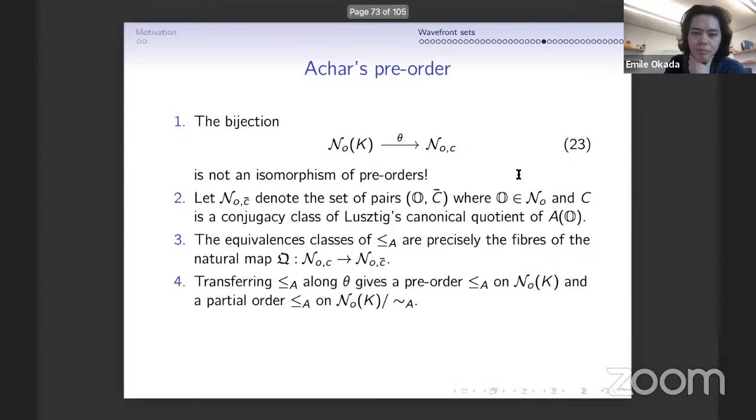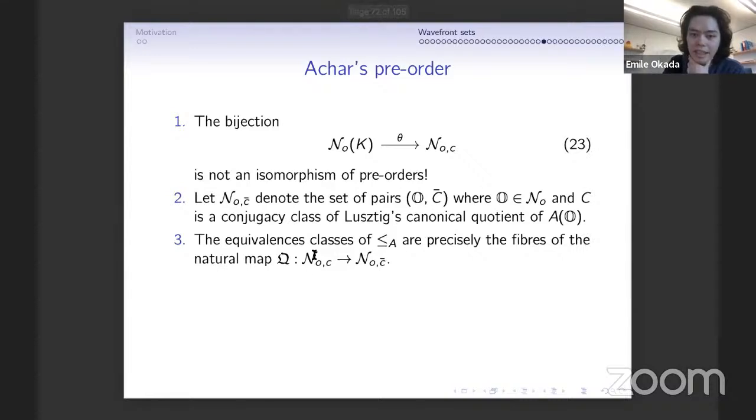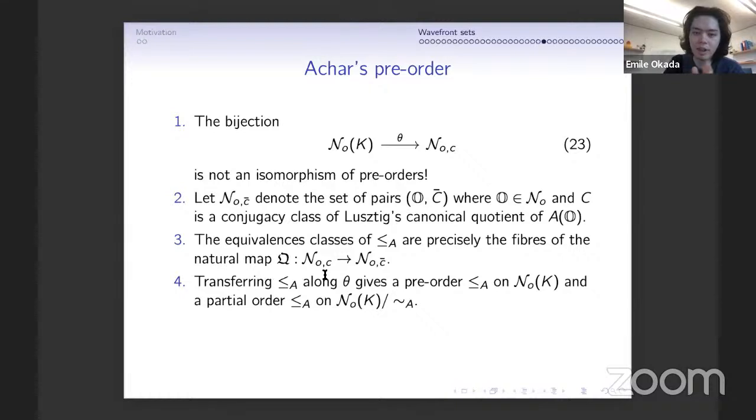But crucially, this pre-order is very simple to compute. And so if we transfer this pre-order to the unramified orbits using this parameterization that I've given, then this defines, of course, first of all, an equivalence relation on the unramified orbits. And on the equivalence classes, it defines a partial order, by simply identifying this with this set here.